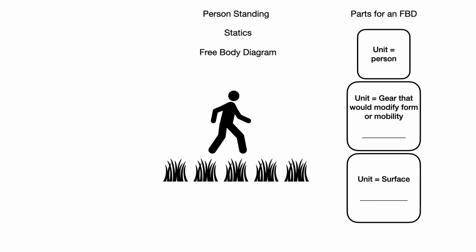So I simplify this. This is definitely not a packing list for your gear. This is just really simplifying it. You've got a person, then any gear. I like this rule: it's really any gear that would modify form or mobility. So if someone has hiking poles, definitely, because they're getting a different workout.